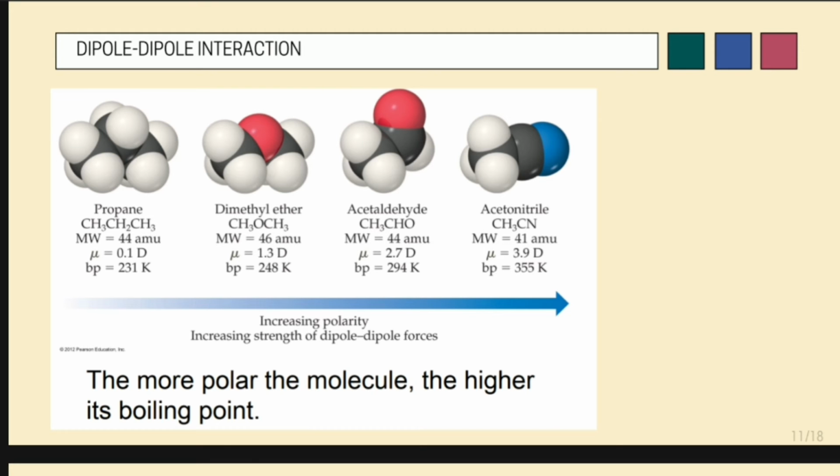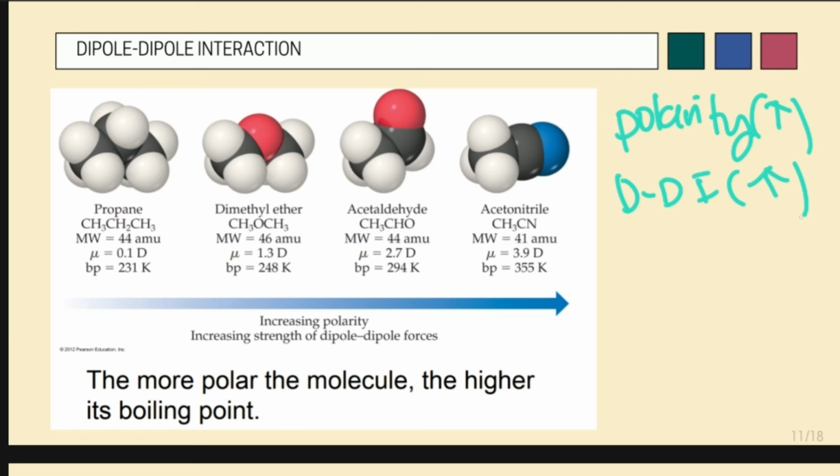Now, let's try to see the relationship between the dipole-dipole interaction and the boiling point of that given polar molecule. In a dipole-dipole interaction, kapag magi-increase ang polarity ng molecule, magi-increase din ang dipole-dipole interaction, mag-i-increase din ang boiling point ng molecule na yon.